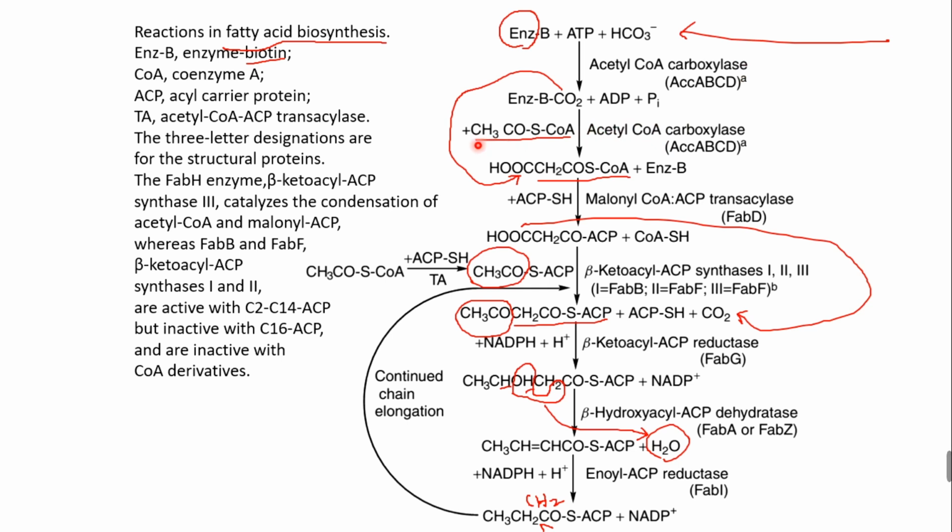The acetyl coenzyme A is combined with this one. That is, the enzyme-biotin-carbon dioxide complex reacts with acetyl coenzyme A by the same enzyme, acetyl CoA carboxylase. For both reactions, the same enzyme is used, and this will form, for example, the underlined one, the same molecule, CH3COSCoA, that is acetyl coenzyme A. You can imagine this CO2 is attached here.